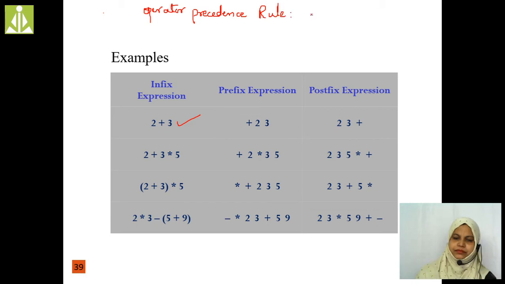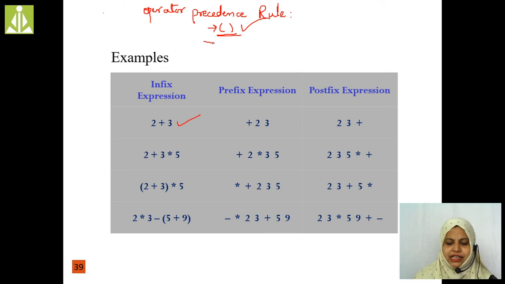While you convert the expression from one form to another, we have to use this operator precedence rule. In this case, the highest priority operators are the left and right parentheses. The operators present within the parentheses, you have to evaluate first.